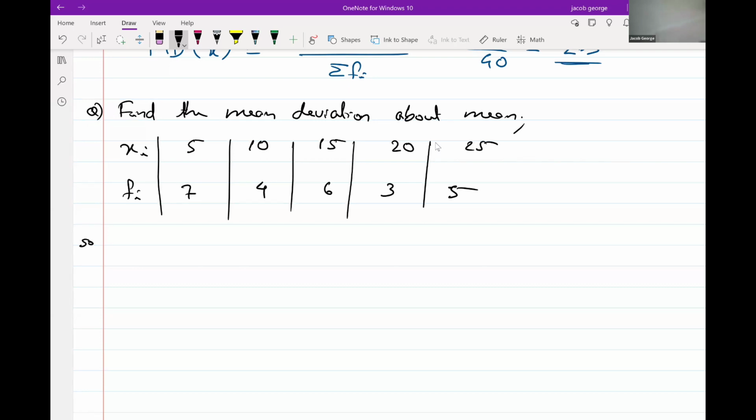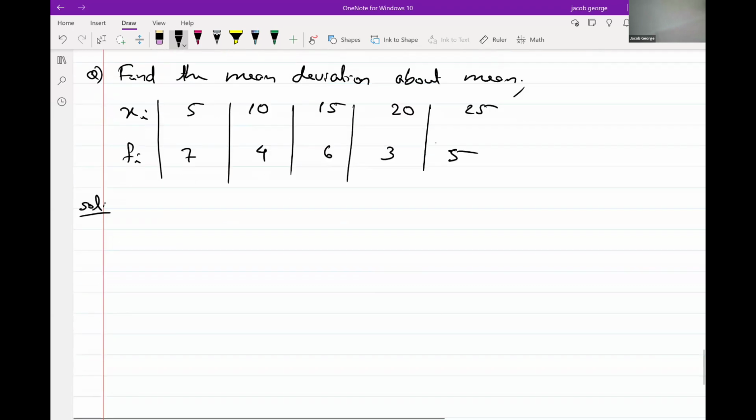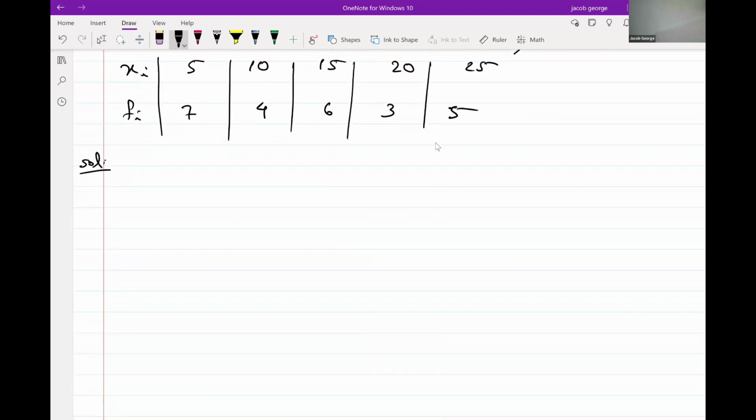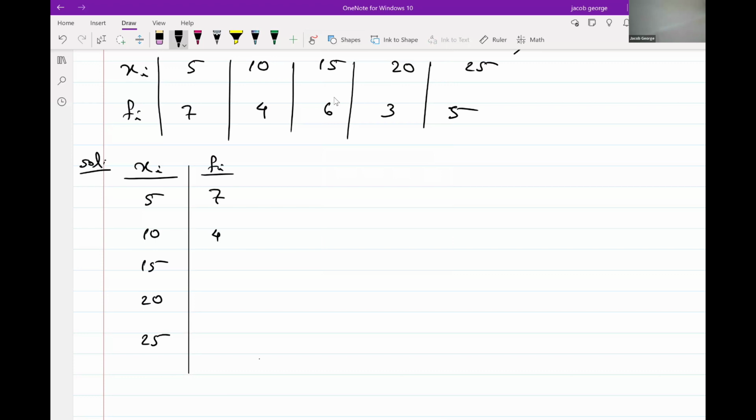Yes, those who studied the last day's sums can easily write the answer. Xi is the first column: 5, 10, 15, 20, 25. Then Fi: 7, 4, 6, 3, 5.